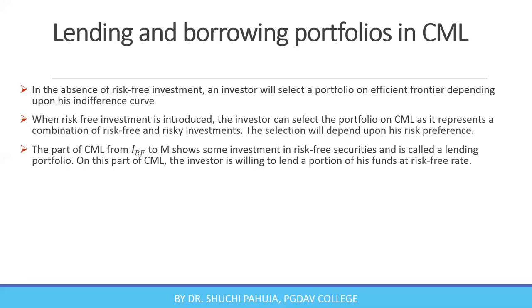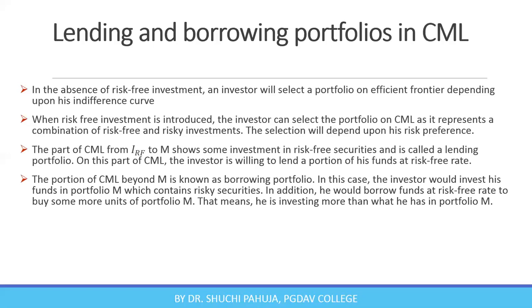Now, if you are at point M in CML, this point M contains only risky securities. So if I want to invest only in risky securities, that means 100% of my funds, I will be at point M, right? Now suppose I want to invest more in risky securities. I am ready to bear high risk because I want more return.